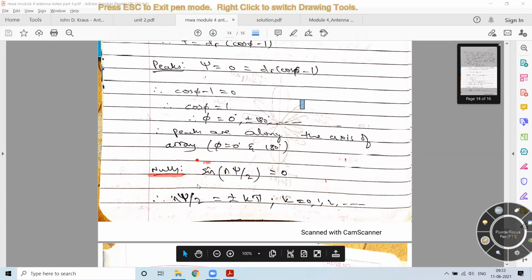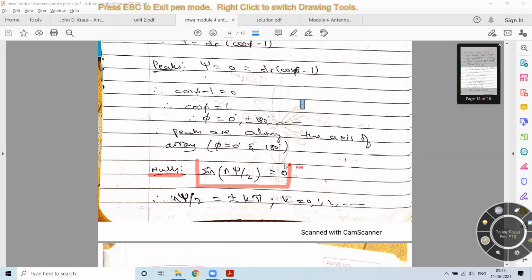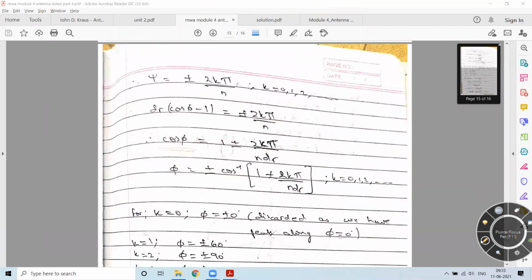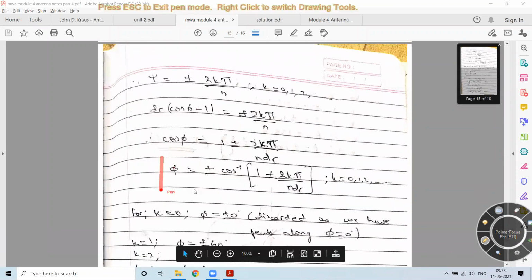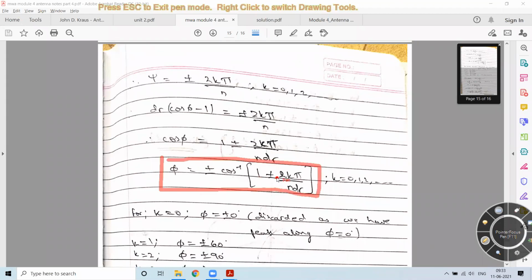Next I need to identify the direction of the nulls, or the minima. To do that, we equate sine of n psi by 2 equal to 0. When we simplify this, we obtain phi equal to plus minus cos inverse of 1 plus minus 2k pi divided by n times dr. Now you substitute n and dr and simplify the equation.